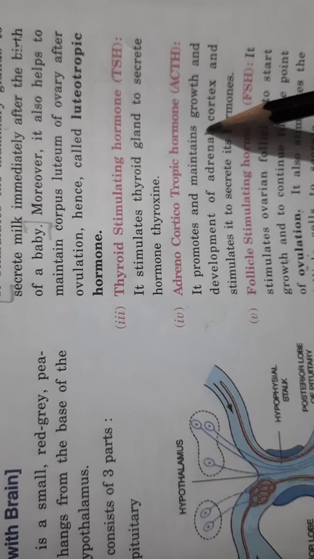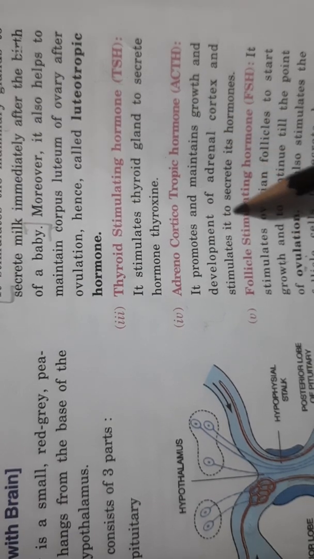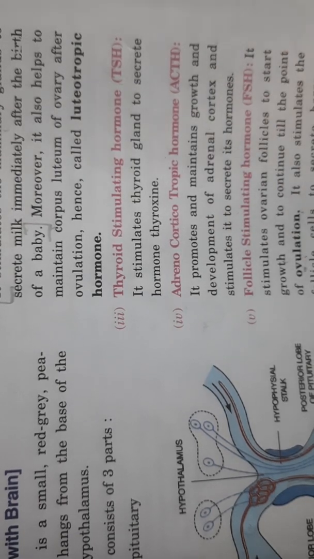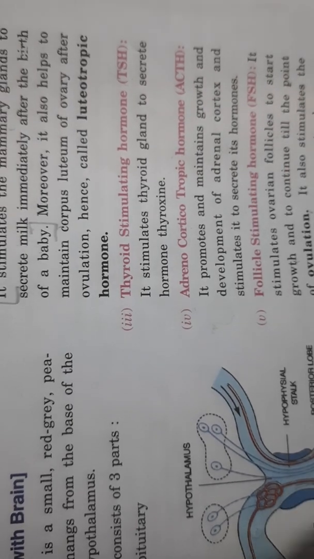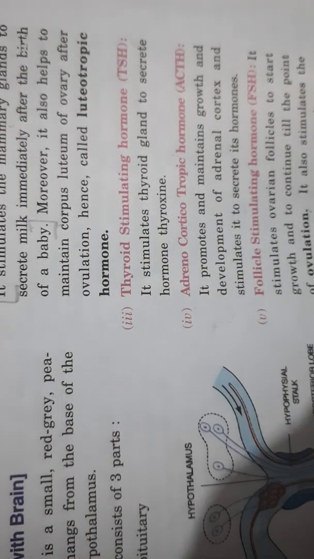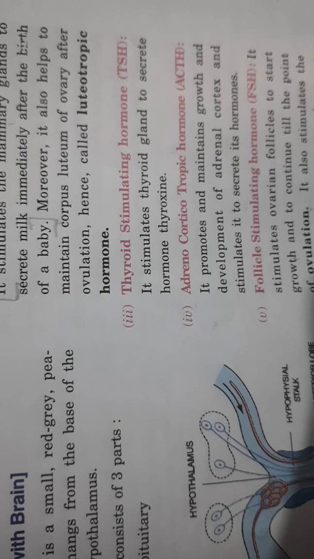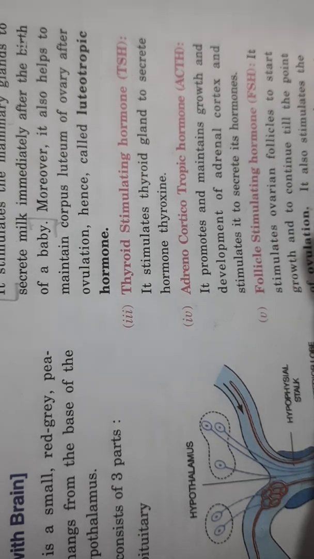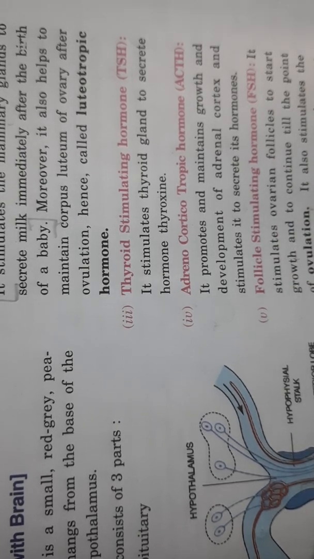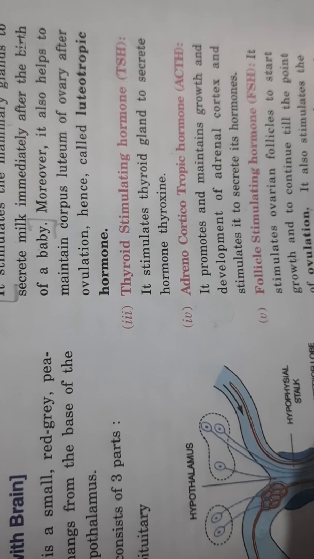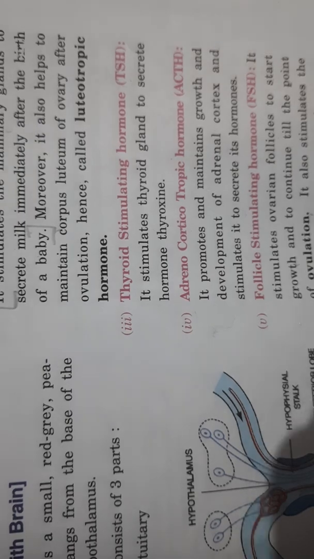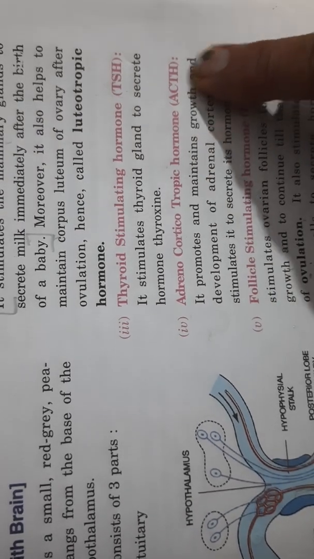For its proper growth and development, so that it can secrete its cortical hormones, that is mineralocorticoids, glucocorticoids and sex corticoids, the adrenal cortex is stimulated by the adrenocorticotropic hormone.